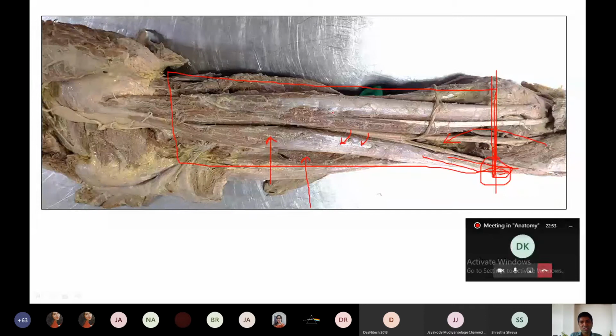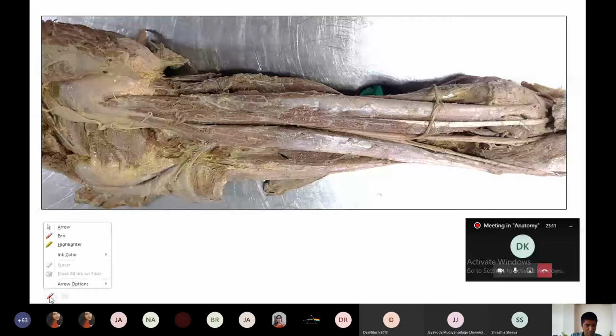Okay. So after this, I'll take you into the medial part of the back of the thigh. Here I'll erase it first, and then I'll go into the medial part of the back of the thigh. Without doing more interaction now, I'm giving you the answer because we have to complete the other parts of the lower limb also today.